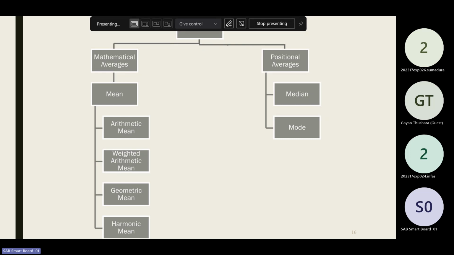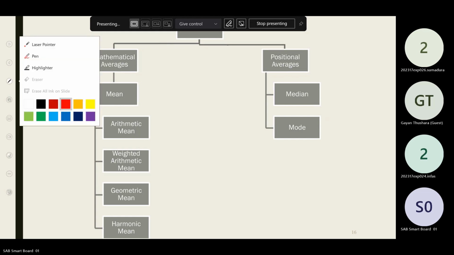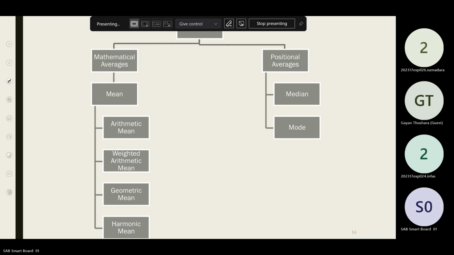So measures of central tendency means what? Now say we are given 3 values like 5, 10, and 15. We are asked to find the average. The only average we know is we add the three values, divide by 3, you get the average.